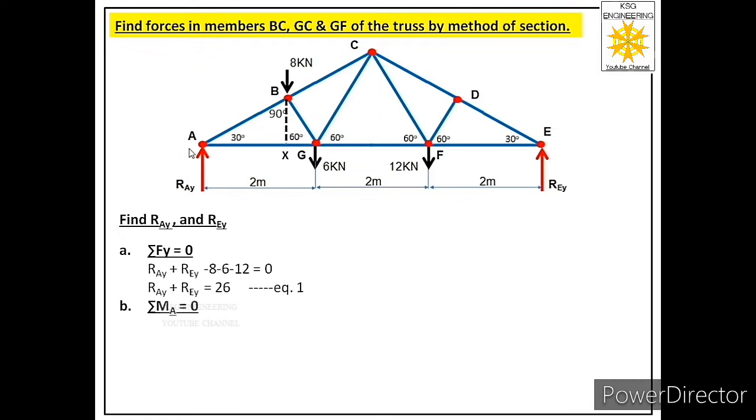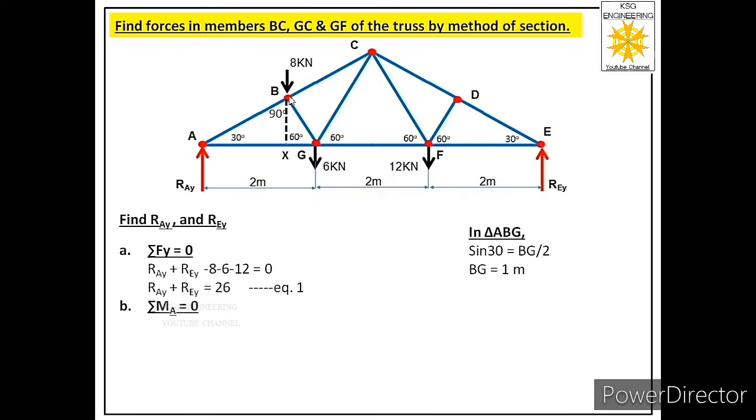So let us start with this triangle ABG. So we will say in triangle ABG, sine 30 will be equal to perpendicular BG upon hypotenuse 2. So BG upon 2. From here we will get value of BG as 1 meter.